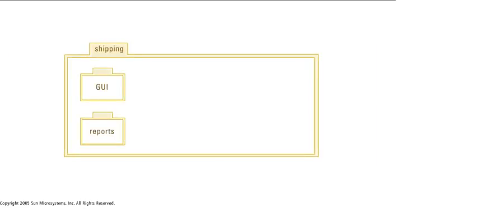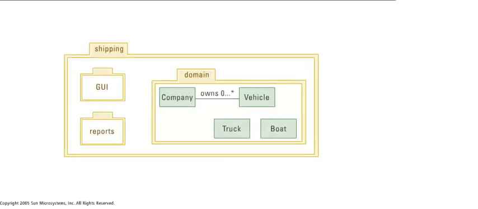In large Java applications, you're going to have lots and lots of classes. And you're going to want a way to organize these classes. So in Java, there's the concept of packages. You group logically related classes into a package.